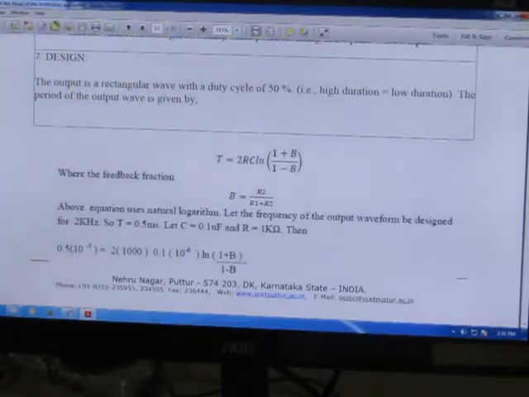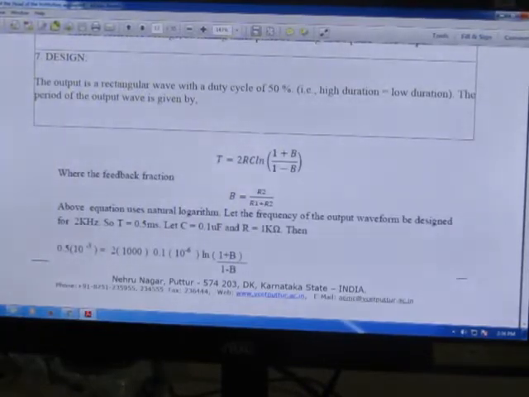Based upon these equations, we will take some assumptions, because we want to design our output waveform for a frequency of 2 kHz. Hence, we take its inverse, which gives our time period of 0.5 millisecond, and we assume that our capacitor has a capacitance value of 0.1 microfarad, and we take one resistor with a resistance of 1 kilo ohm.